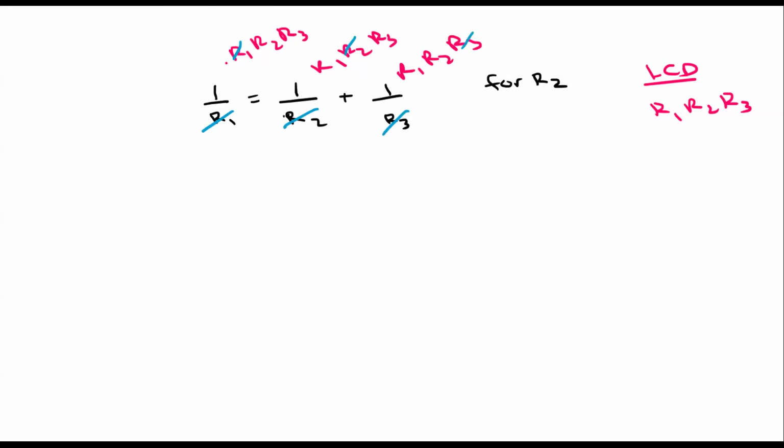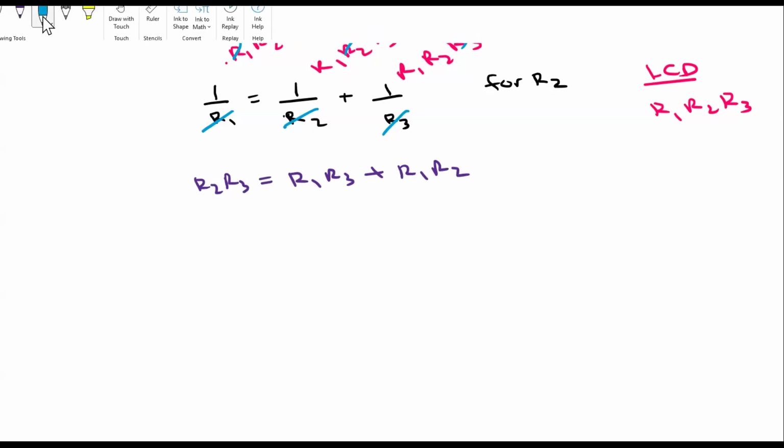So then we are left with R2, R3. This one we will be left with R1, R3, and this one will be left with R1, R2. Okay. So again, our goal is to solve for R2. So notice that our R2s are on both sides.